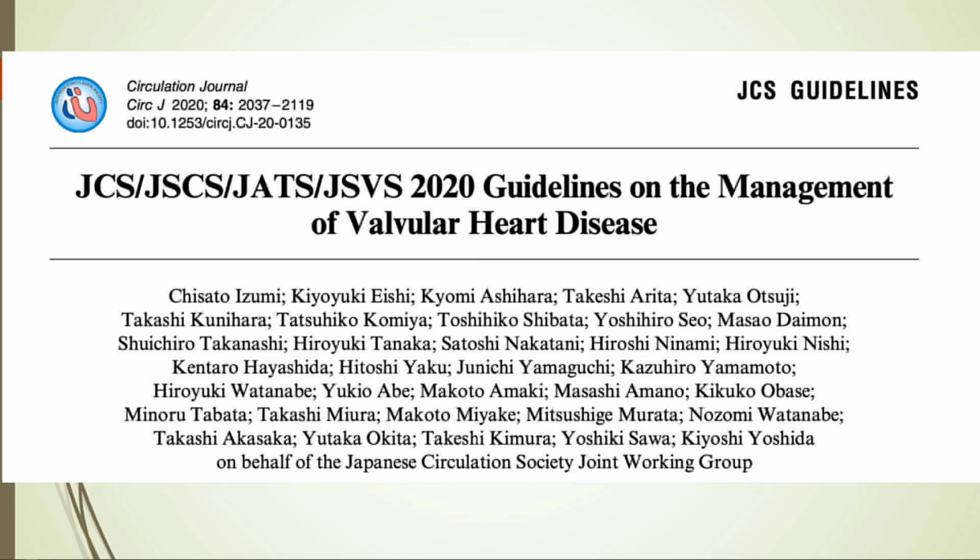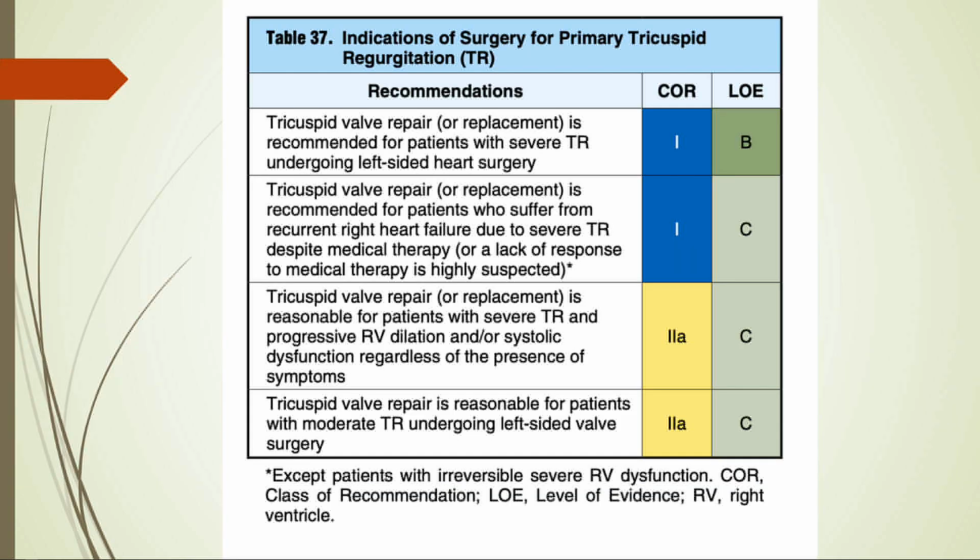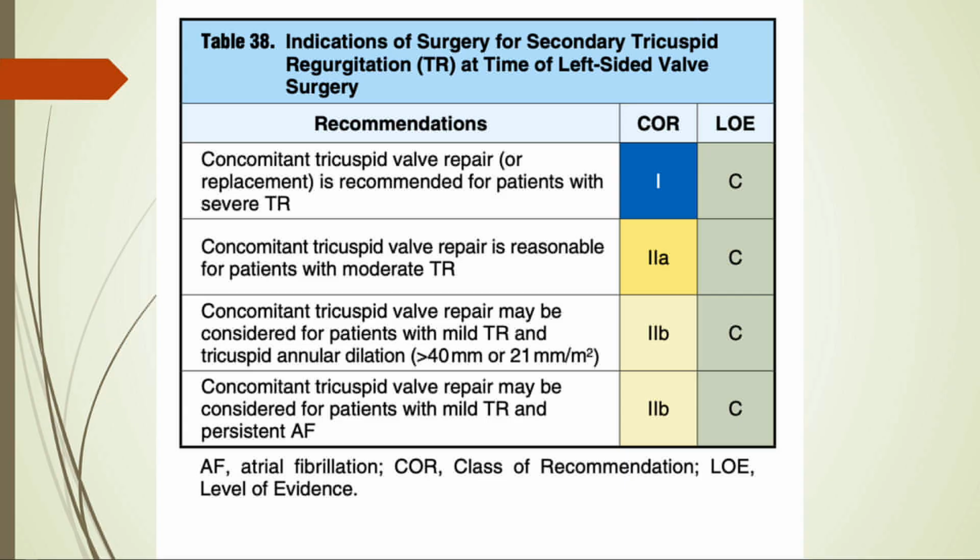There are also Japanese guidelines which, through these articles, bring further concepts into secondary TR, where they judge atrial functional TR, the bottom one here, where not only is the annulus dilated to 40 millimeters, but it is also associated with persistent AF, because we all know that those patients are most likely going to have progression of their functional tricuspid regurgitation.